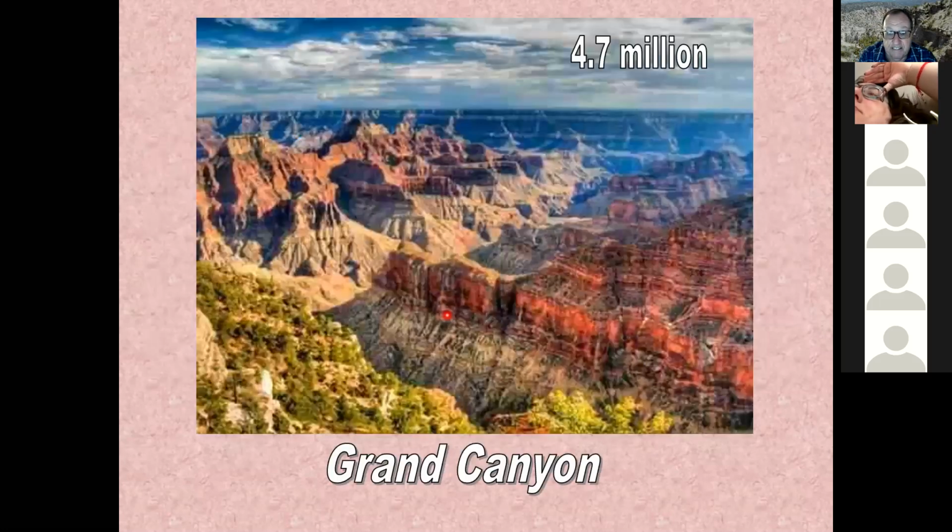Of course, the Grand Canyon. Many people visit that, 4.7 million people in a year. They go see rocks. Basically, that's what I tell everybody, that people go on vacation to go see rocks. So, an incredible sequence of mostly sedimentary rocks.